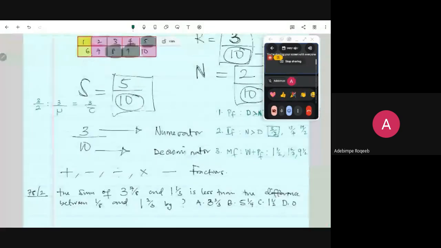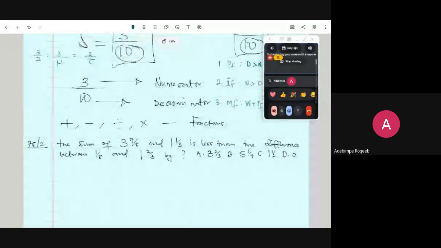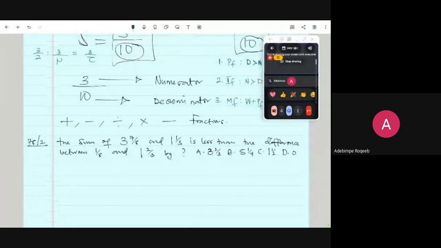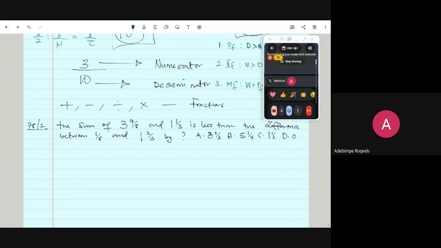So we have these 3 types of fraction. Now this question says the sum of 3 whole 7 over 8 and 1 whole 1 over 3 is less than the difference between, we are going to get there, 2 things embedded in each other. So the first thing we have to do is look at the sum of these 2 guys.